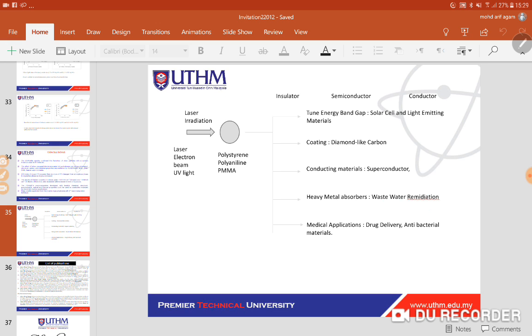Okay, and one of my PhD students is now not only trying to use polystyrene doped with other metal particles, but we try to create a surface that can be used to attach drugs, that can be used for drug delivery systems or as antibacterial materials.